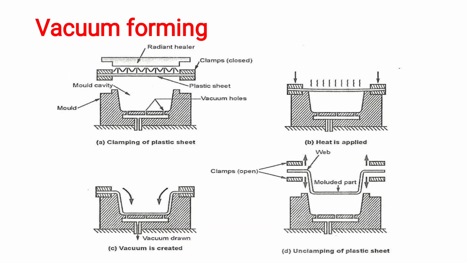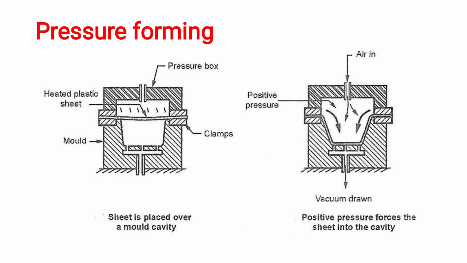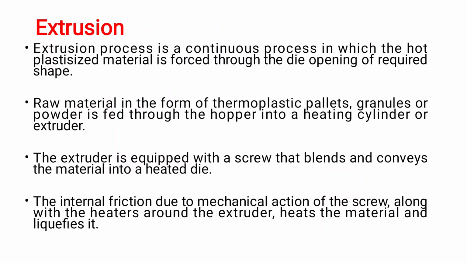The vacuum is applied as negative pressure, and the sheet will be stretched to the die cavity. In pressure forming, positive pressure is applied on the sheet, so the sheet will be stretched to the die surface.